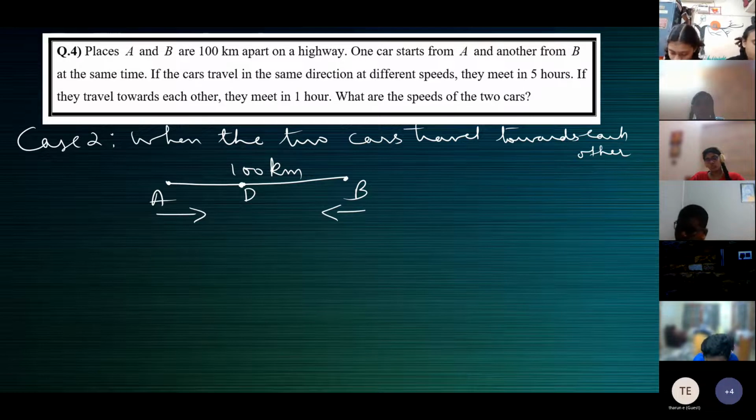Case 2 is when the two cars travel towards each other. Towards meaning? Towards each other. They're coming towards each other. So if one car goes like this, the other car goes like this. Where will they meet? They meet in 1 hour. So somewhere here they'll meet in 1 hour.